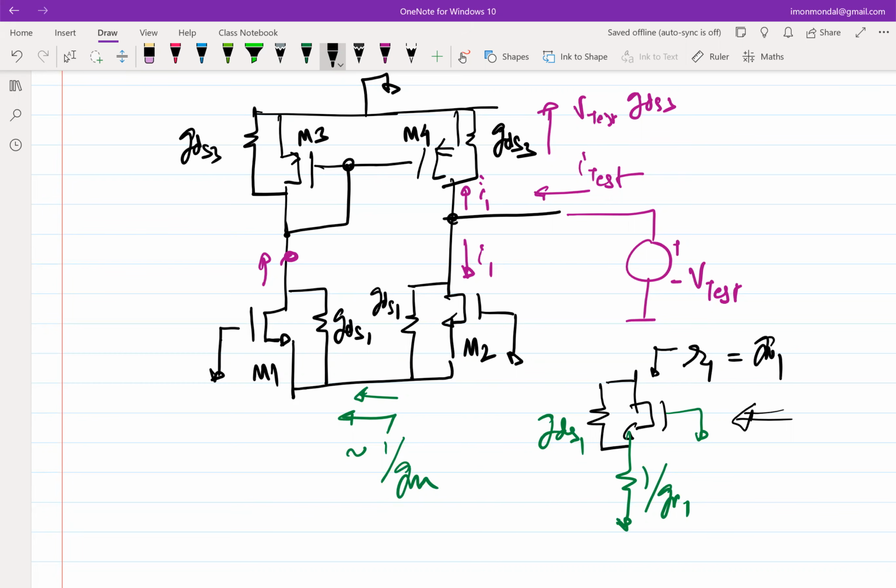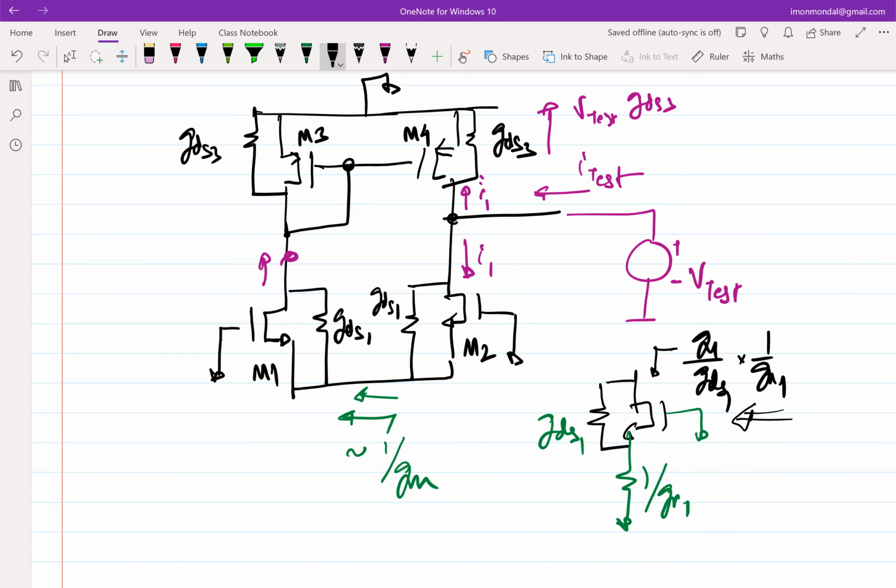The intrinsic gain of M2 is GM1 by GDS1. It's basically GM1 by GDS1 times 1 over GM1.